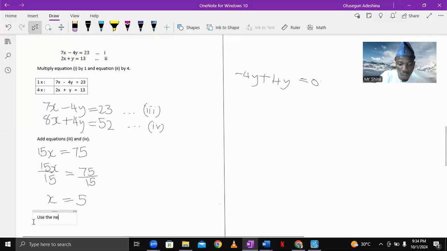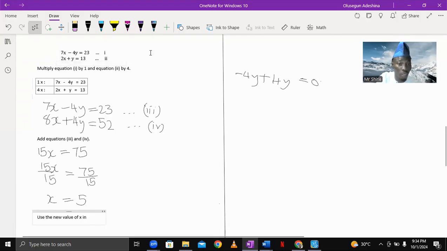Use the new value of x in, let's choose any equation, 1 or 2, right? It could be 3 and 4 as well. It could be equation 1, equation 2, equation 3, or equation 4. But let's just choose equation 2, because it's the simplest.